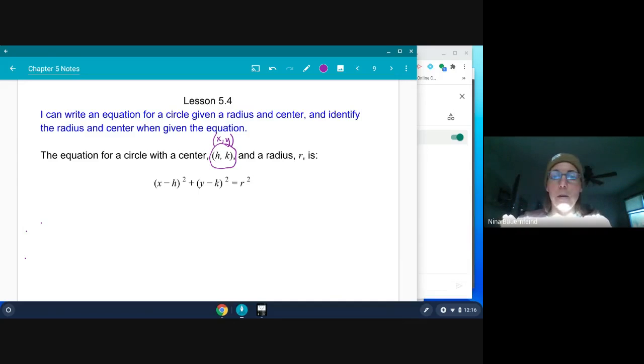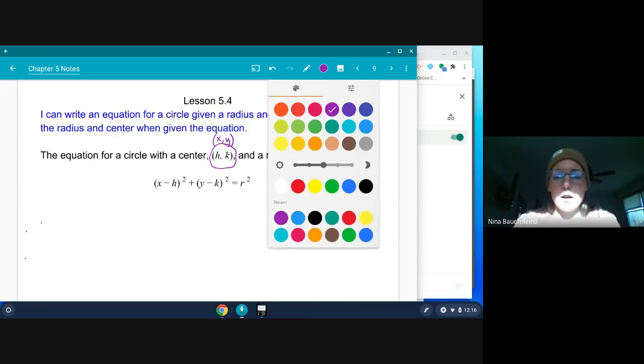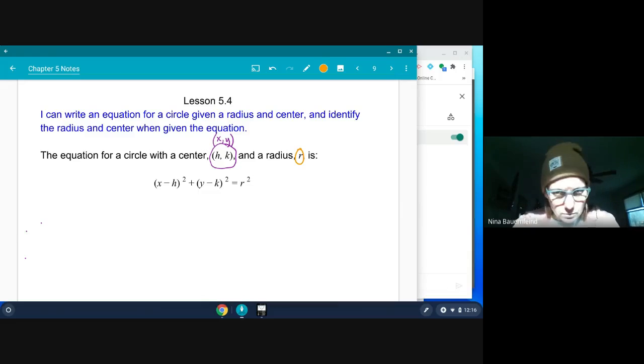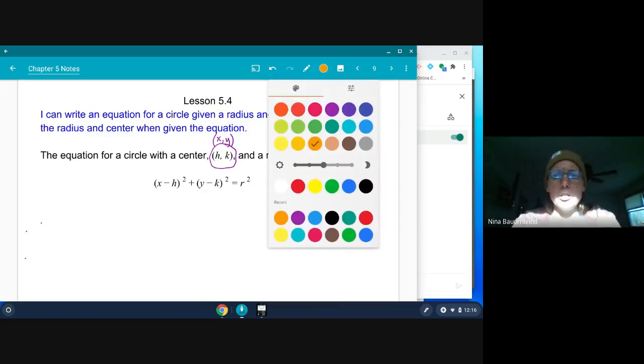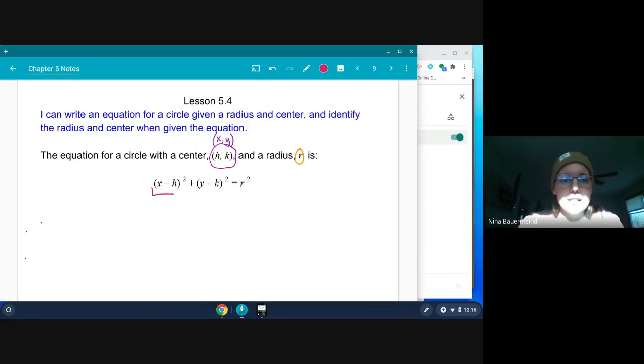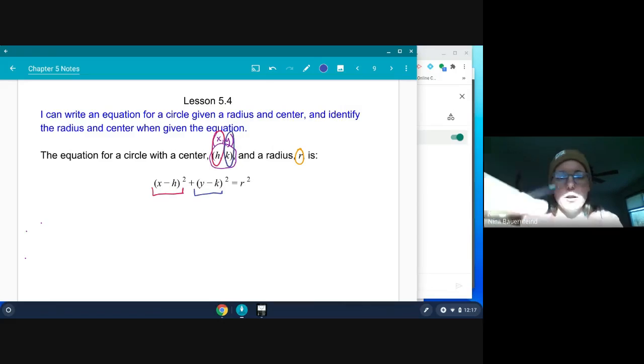So they're both alphabetical. And then the radius, they're going to use the letter R for radius. So in the equations, the X's and the H's go together, because again, they're both alphabetical. And then the Y's and the K's go together. Again, they're alphabetical.